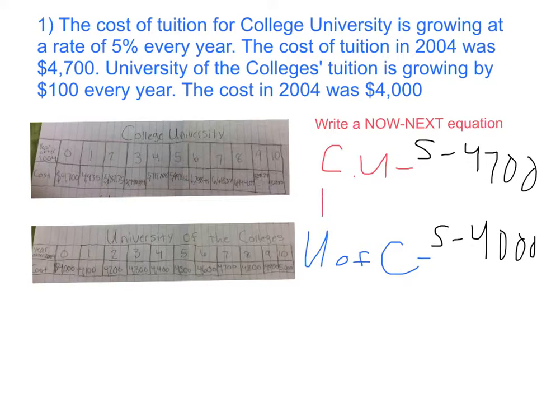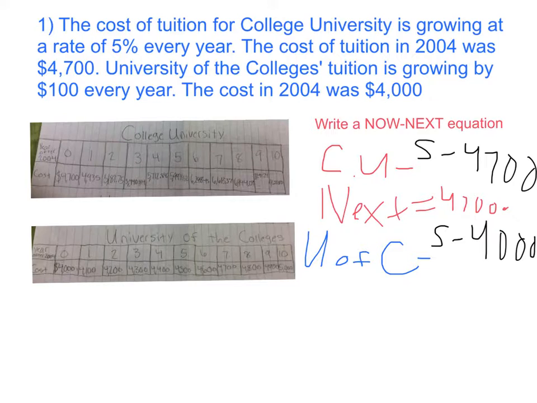For CU, next equals 4,700, which is the start, times... since the rate of growth is 5% every year, and 5% converted to a decimal is 0.05, you can't do that though, because any number less than 1 will be a declining ratio.